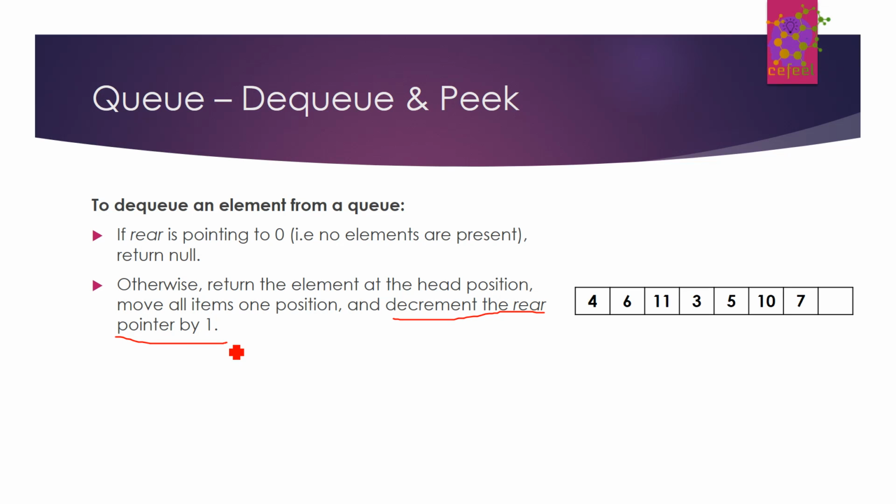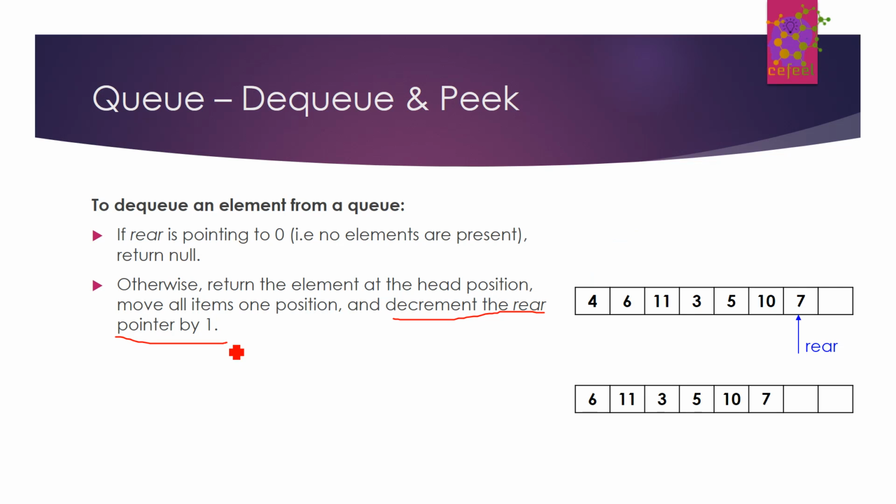Let's say we have our existing queue, 4 6 11 3 5 10 7, 7 elements in the queue, and rear is pointing to the 7th element. Let's say we call the dequeue operation. When we call it, we need to remove the item 4 from the array.